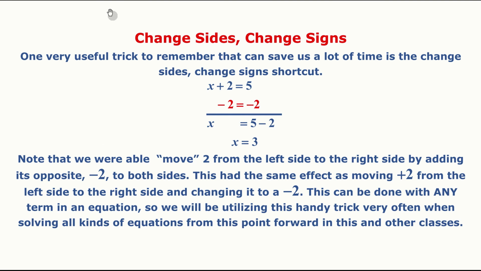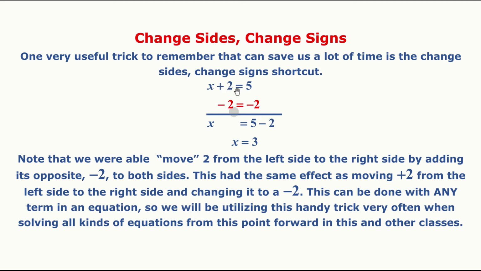Before we go any further, there is one great shortcut that is very easy to understand and can save us a ton of time. So we're going to go over it right now, and I want you to consider what happens when you have a simple equation like x plus 2 equals 5, which you can even solve in your head, and you subtract 2 from both sides.